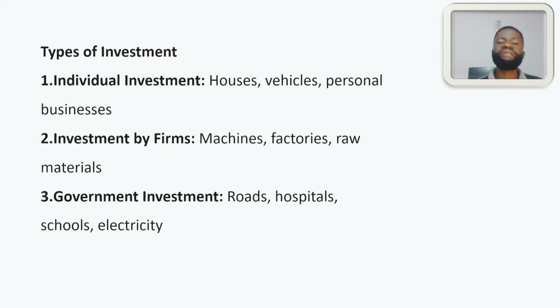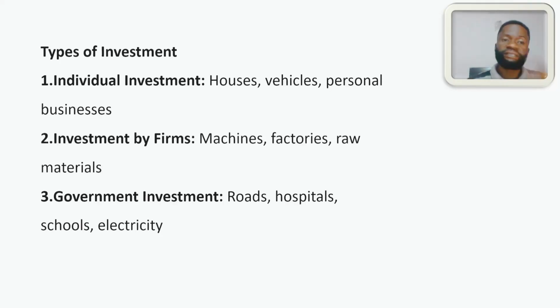Next one is investment by firms. This type of investment refers to investment carried out by business companies to expand production and maximize profits. Examples: purchasing machines and equipment, constructing factories and warehouses, buying raw materials and semi-finished goods, or expanding production lines.